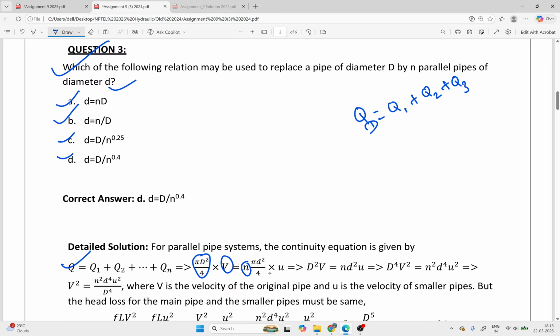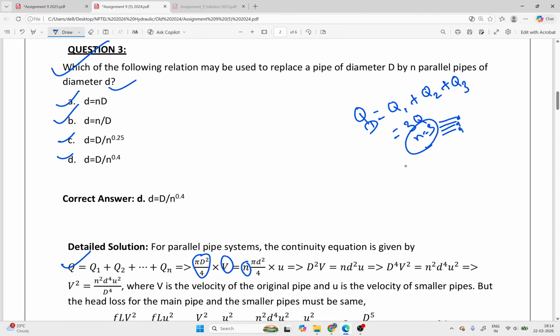The assumption here, remember please, is that all pipe diameters are similar, d, d, d. If the diameter is similar, definitely your Q will be similar. So if it is 3, it's 3Q, meaning N value will be 3.